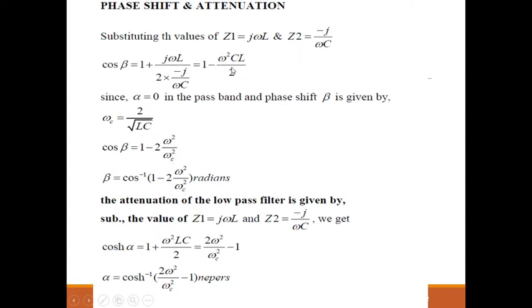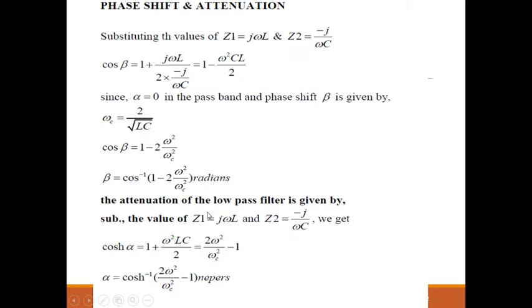It means that while simplifying this expression, omega square C L divided by 2 should be equal to 2 into omega square by omega c square. So the phase shift constant beta is equal to cos inverse of 1 minus 2 omega square by omega c square radians.